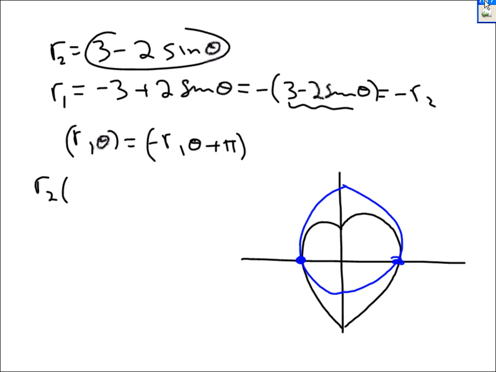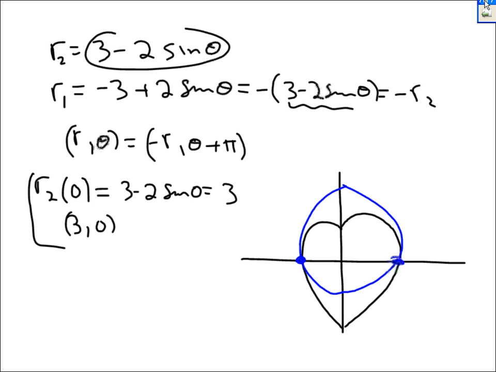They're intersecting here. Now, if you take r2 of 0, you get 3 minus 2 sine of 0. Sine of 0 is 0, so you get 3. That's from r2.